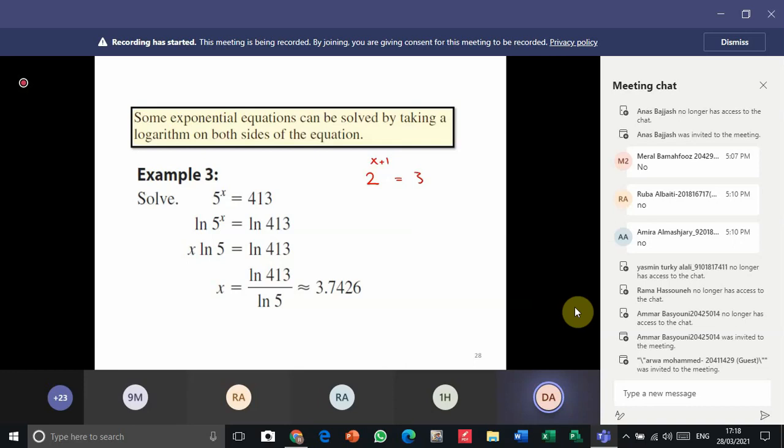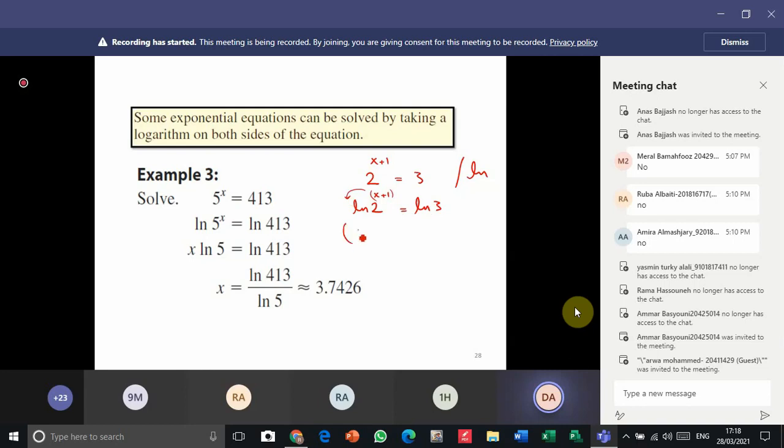Okay, so in this case, take the ln for both sides. So we have ln 2 to the power x plus 1 and ln 3. After that, this is the exponent, put it outside the ln.